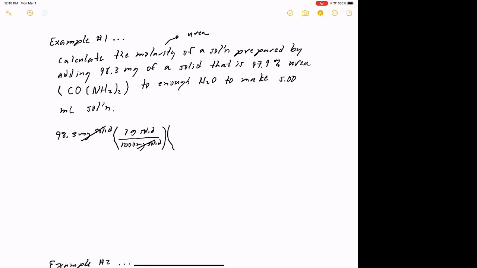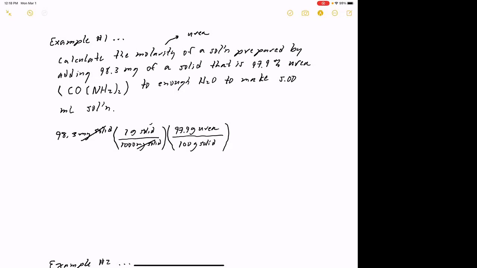Now I want to get to urea, and I'm going to use my mass percent almost as a concentration, if you will, of urea in the solid. I know, for example, that in every 100 grams of the solid, just because I'm used to thinking about this in terms of a percent, so it's per 100 things, I'm going to have 97.9 grams of urea.